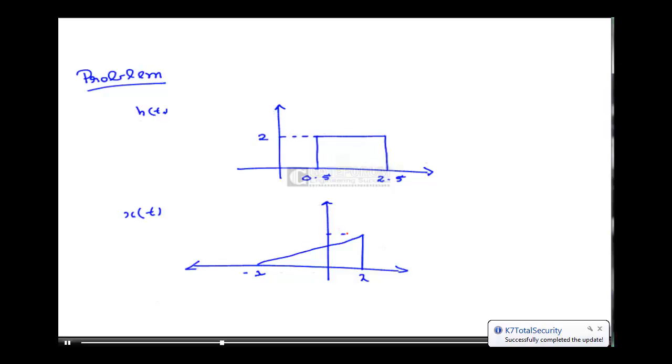Amplitude of this portion is 3. Okay. Find yt, which is xt convolve with ht. Okay.